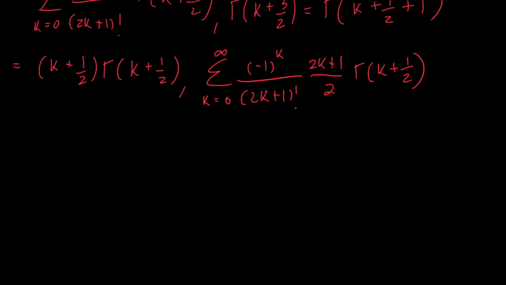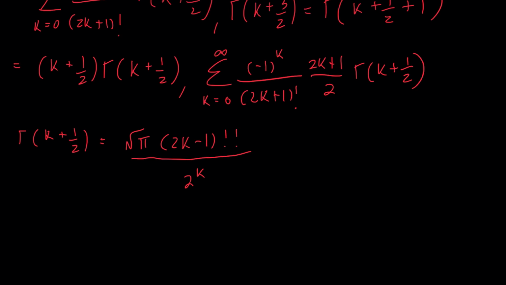But using the identity we showed at the beginning, we said that gamma of k plus a half is the square root of pi 2k minus 1 double factorial over 2 to the k.